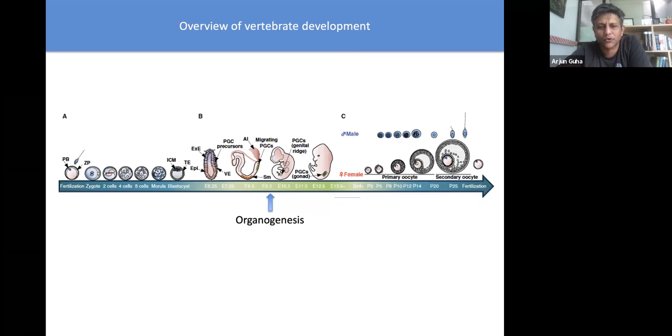And I'll have a little bit more to say about this because I think it'll be helpful to you in terms of your future studies on development. And then, of course, the gut tube gets patterned into domains: foregut, midgut, hindgut. And then from each of these domains, there arise organ primordia, primordia for organs like the thyroid, the lung, the liver, the pancreas, and so on and so forth. The remainder of the gut tube, of course, is patterned to form the digestive tract.